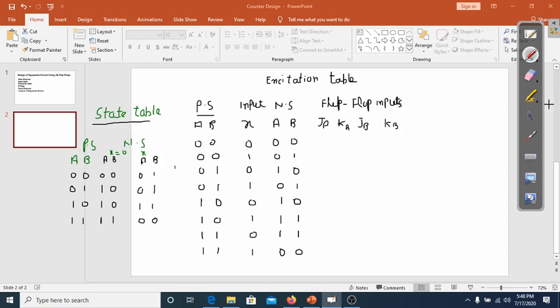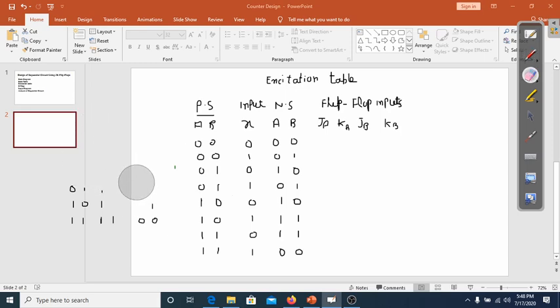The excitation table of the JK flip-flop has present state Q of t and next state Q of t plus 1, and corresponding to these we extract the inputs J and K. If present state is 0, next state is 0, then J must be 0 in this case, and K could be don't care.